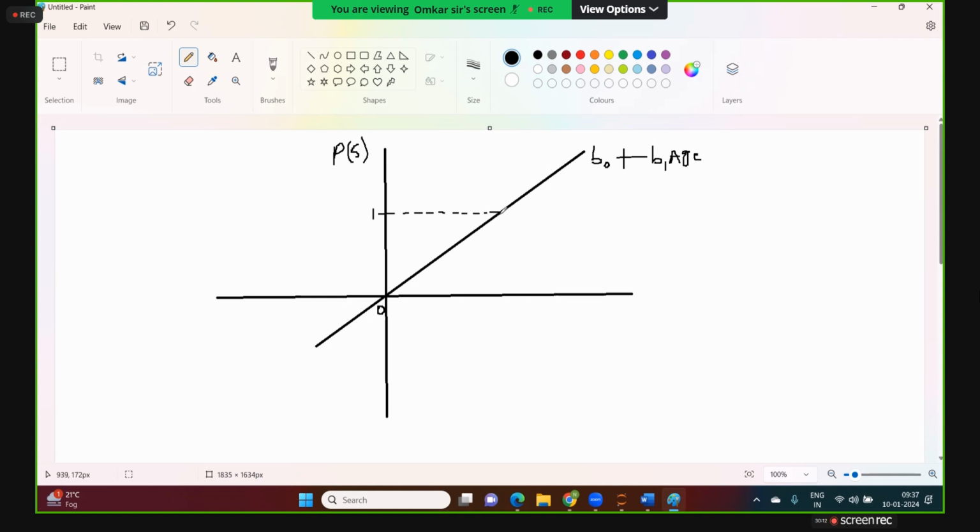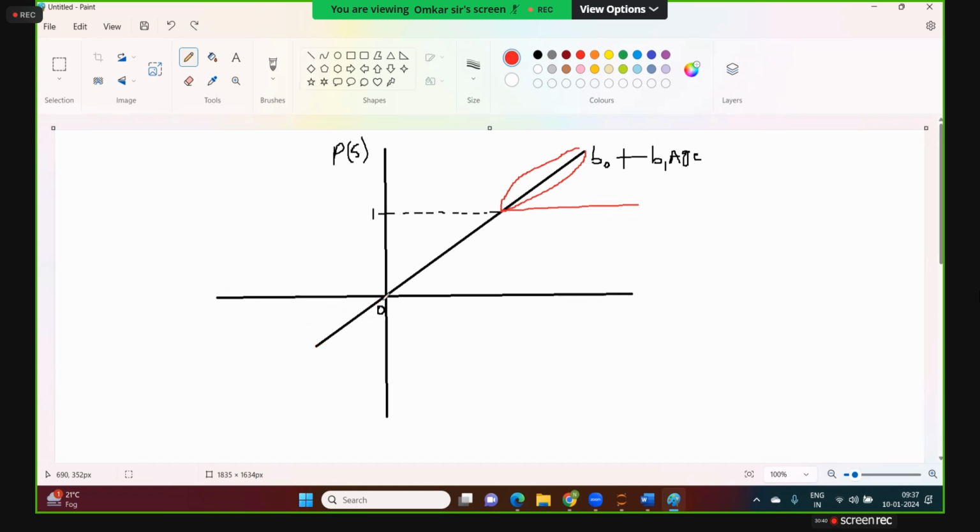Then you are thinking, yes, that is correct, sir, so I have one more idea. Whatever is more than 1, I will make into 1, and whatever is below 0, I will make 0. That is the next idea.